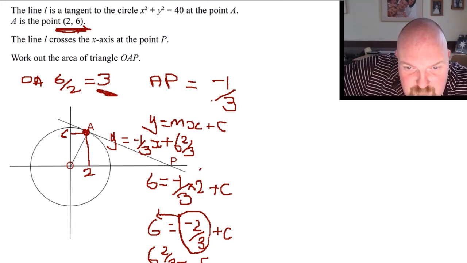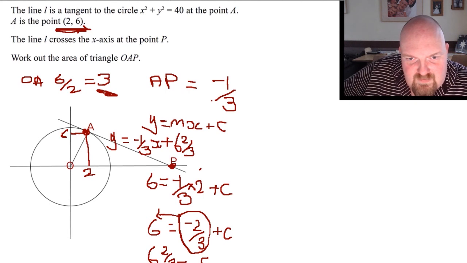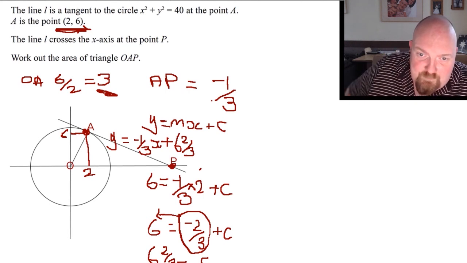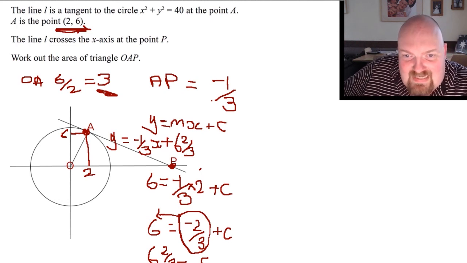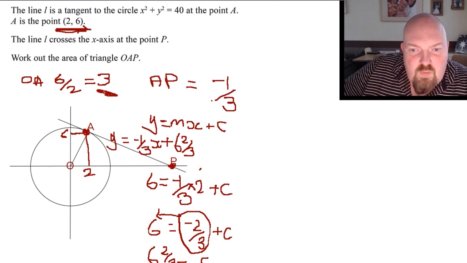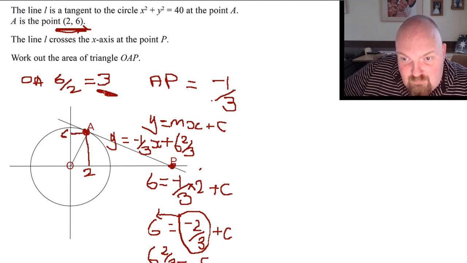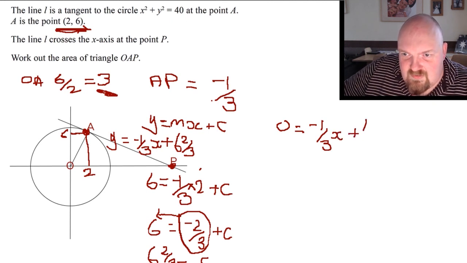So we're now heading really close to being able to solve this, okay? Because of that, I can work out this value here, and this value here is where the line crosses the x-axis. Where the line crosses the x-axis, the y value is 0. So I can rewrite that again now, and I'm going to say that 0 equals -1 over 3 x plus 6 and 2/3.